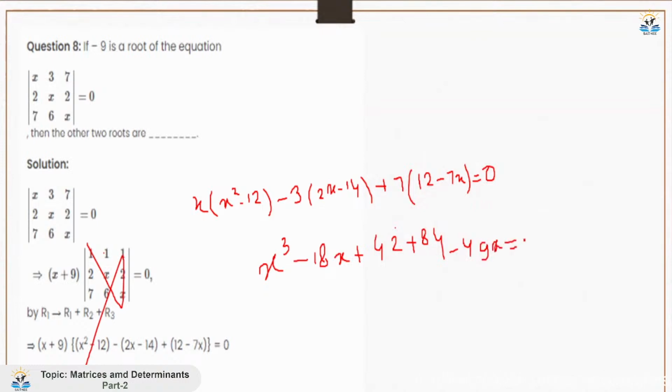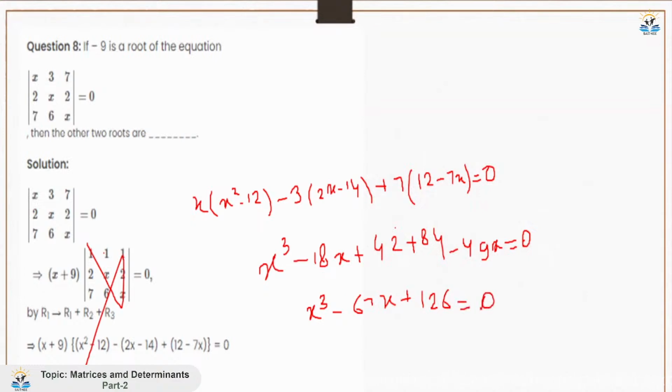So on further solving, you will get x cube minus 18 minus 49, it would be minus 67x, plus 126 equal to 0. Simple.